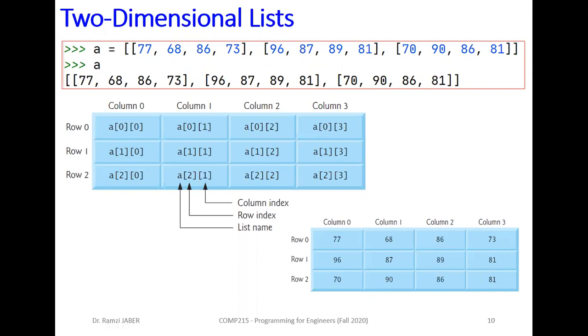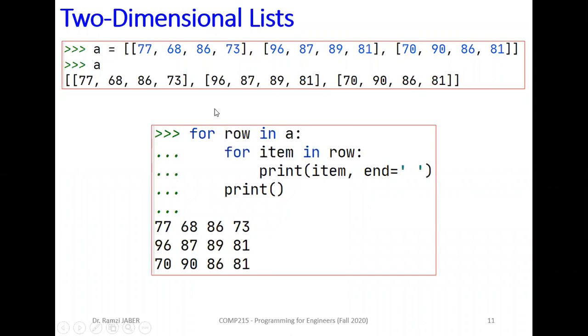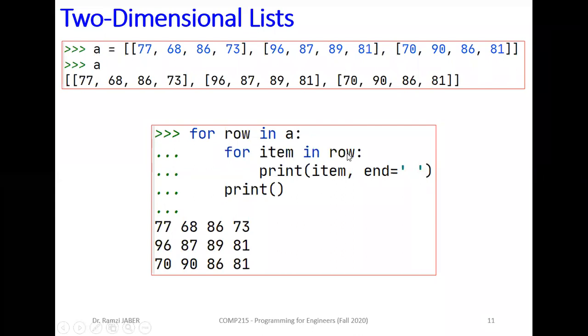Any question here? Good. Let's take an example. I want to print this data as an array. Just use this code. For row in A, for item in row, print item separated by space, then another print for the first for loop.